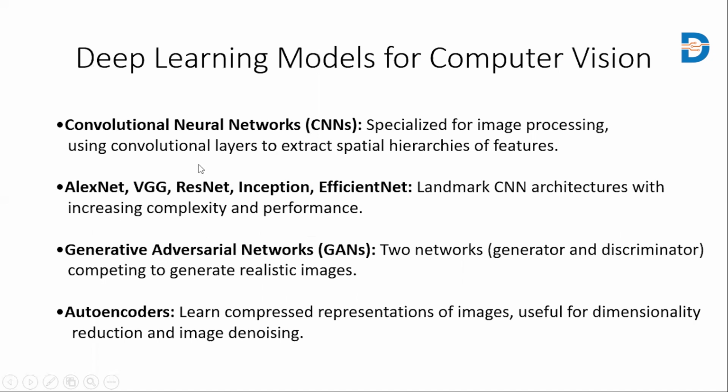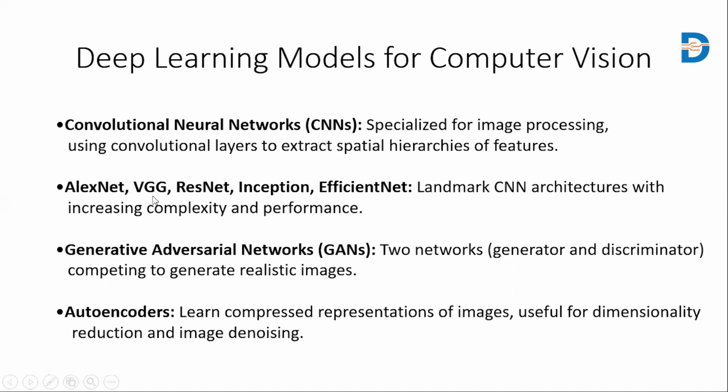Now let's discuss what computer vision models we use for specific tasks. The very first, or base, model is the convolutional neural network, or CNN. It is specialized for image processing, using convolution layers to extract spatial hierarchies of features. Using filters and the convolution operation, we capture the important features from the image in a CNN.